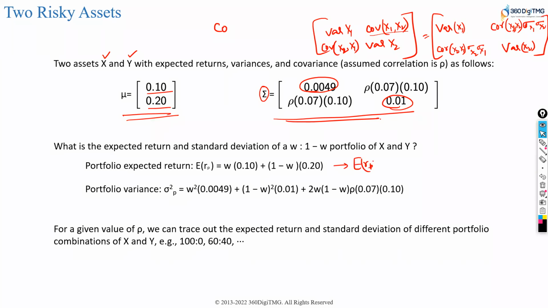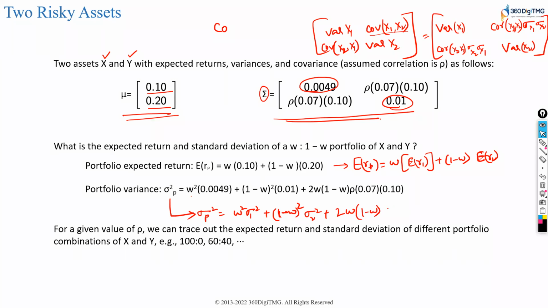Then expected return of portfolio is written as W into expected return of 1 plus 1 minus W into expected return of 2. Variance part is written as W square sigma 1 square plus (1 minus W) square into sigma 2 square plus 2 times W into 1 minus W into rho into standard deviations.